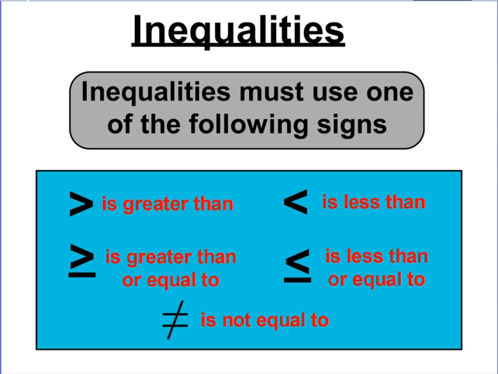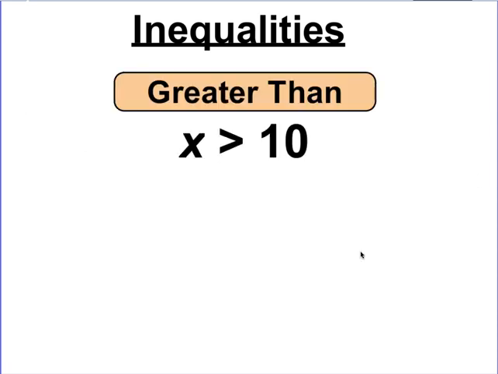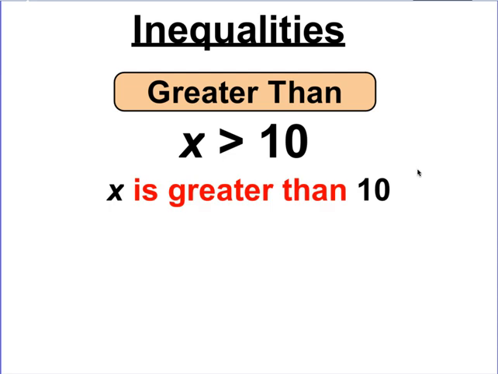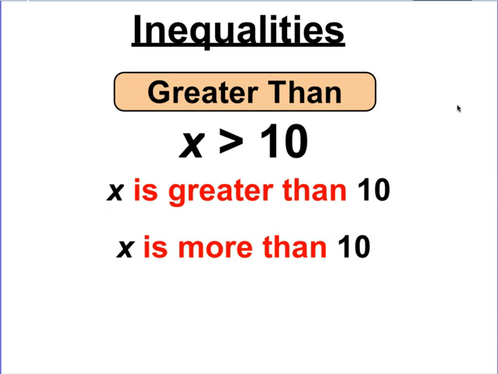Okay, so let's dig a little bit deeper into these. We'll start with the greater than one. Most of you, when you say this out loud, would say x is greater than 10. There are other ways to say this, though, and we want to make sure that you understand how to identify all of them. One of them is the one I just mentioned, x is greater than 10. Another way to say this is x is more than 10. A third way is x is above 10.